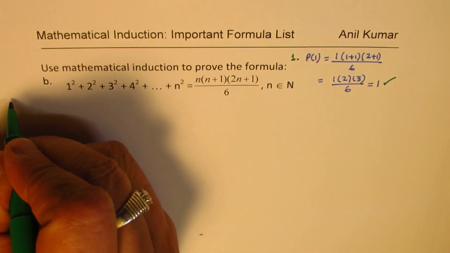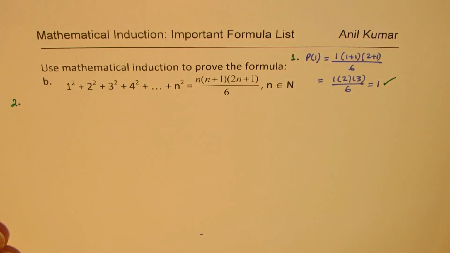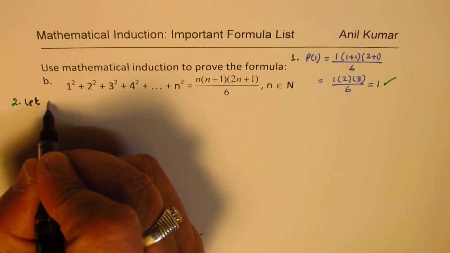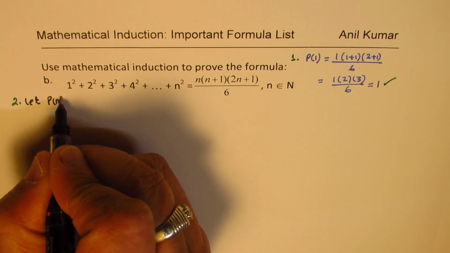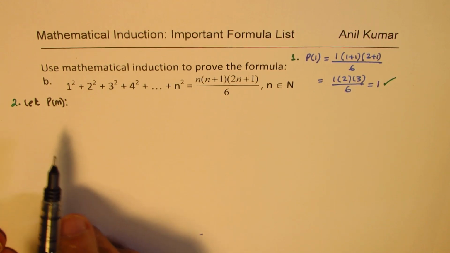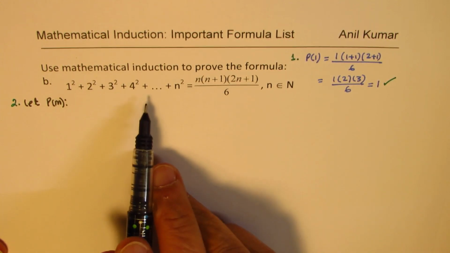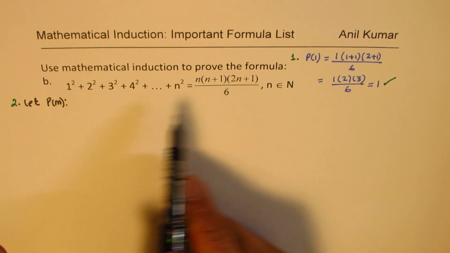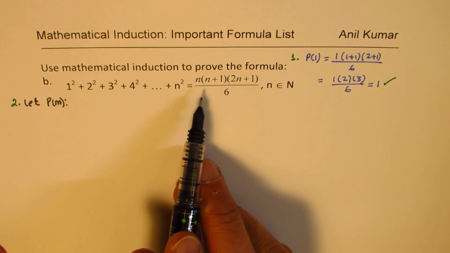Now step number 2 is that we will assume that this formula works for m. So we'll say let p of m. Now when we say p of m, that is a statement written in the form of an equation. So n is any natural number. Let m be one of those natural numbers.